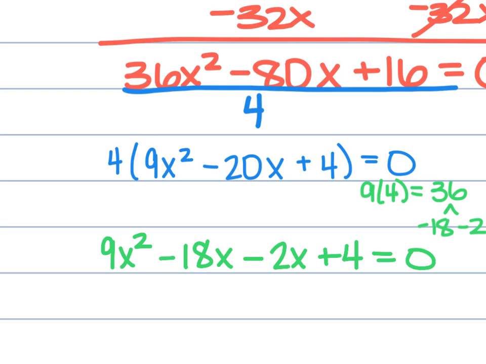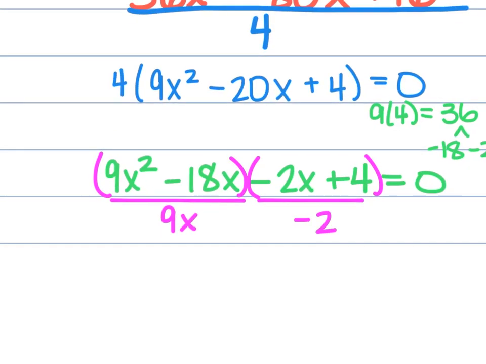So now we're going to factor by grouping. Divide out a 9x from the first, divide out a negative 2 from the second. So this is going to be 9x minus 2 times what would be left over, x minus 2, is equal to 0.